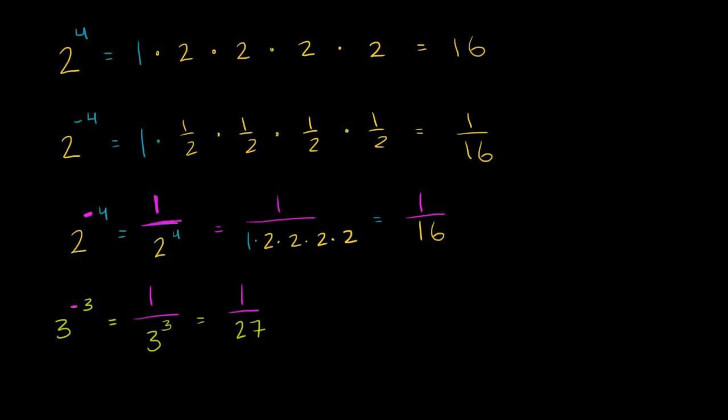Let's try another example. I'll do 2 or 3 more. So let's take a negative number to a negative exponent, just to see if we can confuse ourselves. Let's just take negative 2, and let's take it to the negative 3 power.